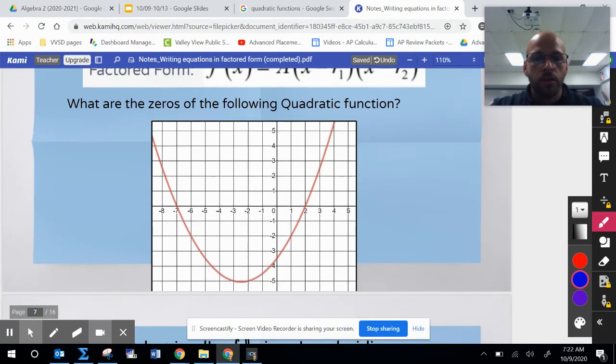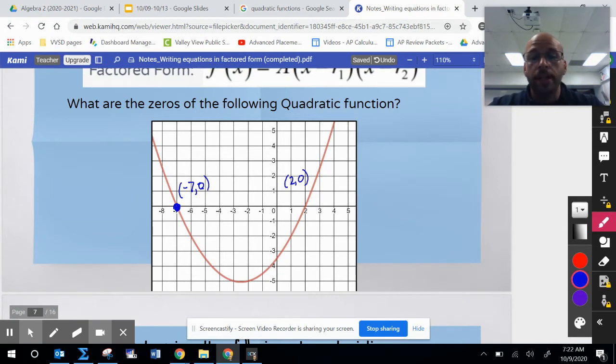I have one more. What are the zeros for this function? So I have one at negative 7, 0, and I have one at a positive 2, comma 0. Okay, so hopefully given a graph, you can now identify the x-intercepts or the zeros.